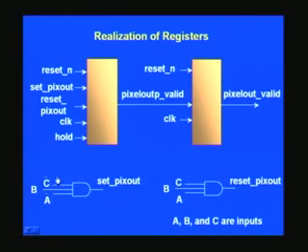If this is satisfied, then this will be naturally 1, and only then this flip-flop will be set to 1. That is, Q will go to 1. Similarly, if Q is to go to 0, we have to assert reset pixel out, and for that the condition is ABC as depicted in this gate. And naturally, A, B, and C are inputs.